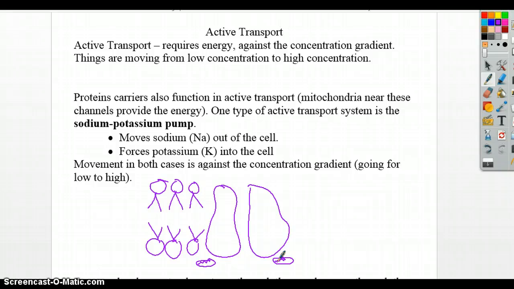And what this says is the sodium is being forced out of the cell and the potassium is being forced into the cell. So let's say this is in and this direction is out. Okay, so outside we have sodium sitting here. We have lots of sodiums.